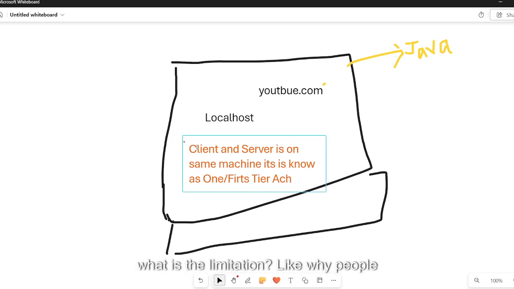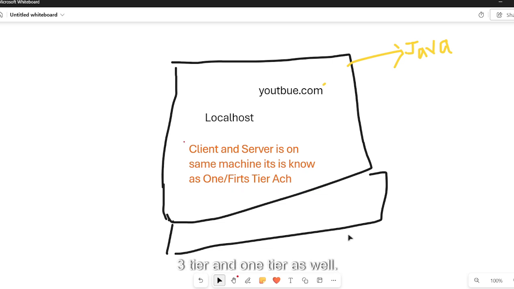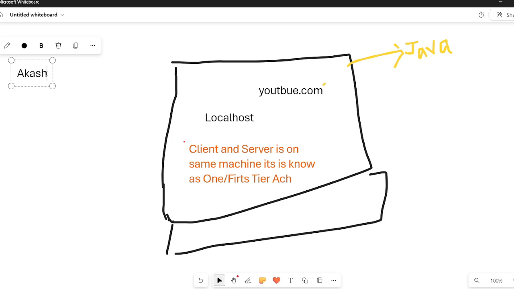Now what is the limitation? Why did people need to think about multi-tier architecture? We have multi-tier architectures like one tier, two tier, three tier, and n tier as well. So what is the need of that? Let's assume this is my machine, Akash's machine, which is sitting in, let's say, New York.